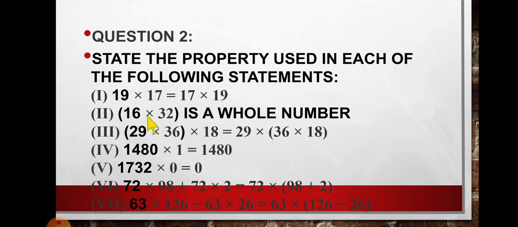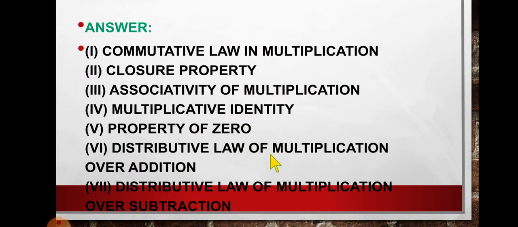The questions are given with different statements, so we identify which property is followed in each. Our first question is following the commutative law in multiplication, second one closure property, third one is associative property of multiplication, fourth one is multiplicative identity, fifth one property of 0, sixth one distributive law of multiplication over addition, and seventh one distributive law of multiplication over subtraction.